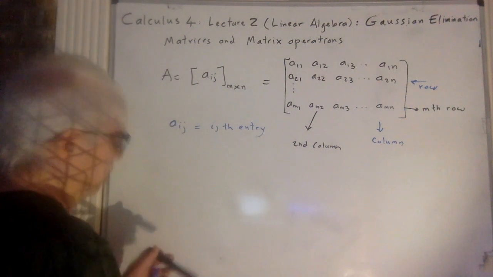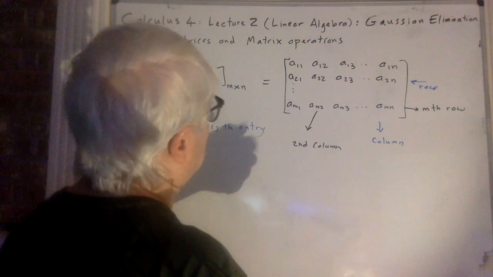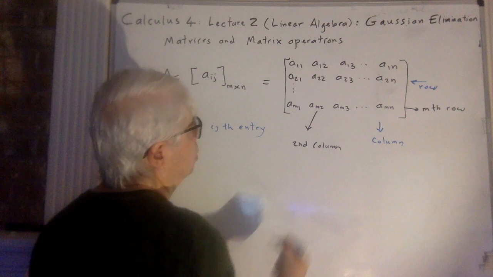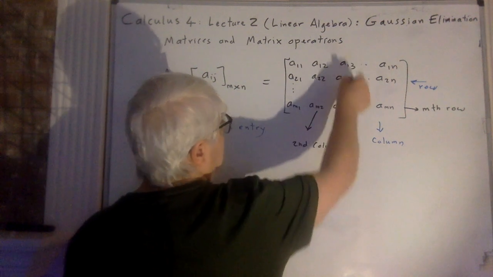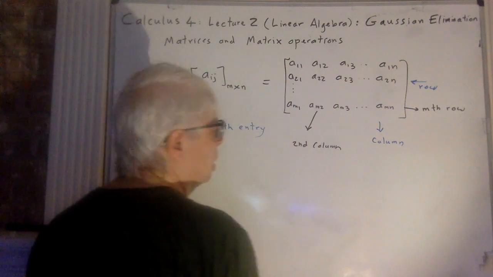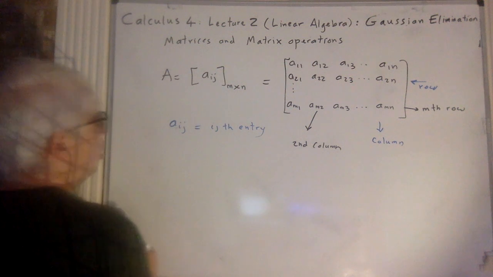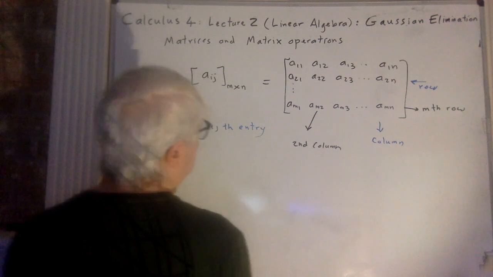So how do you say? If a matrix is given to you, the second index gives you the column, and the first one gives you the row.